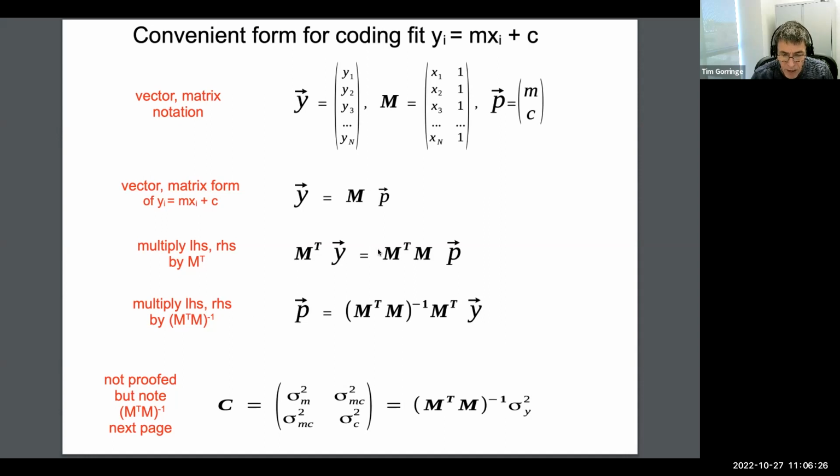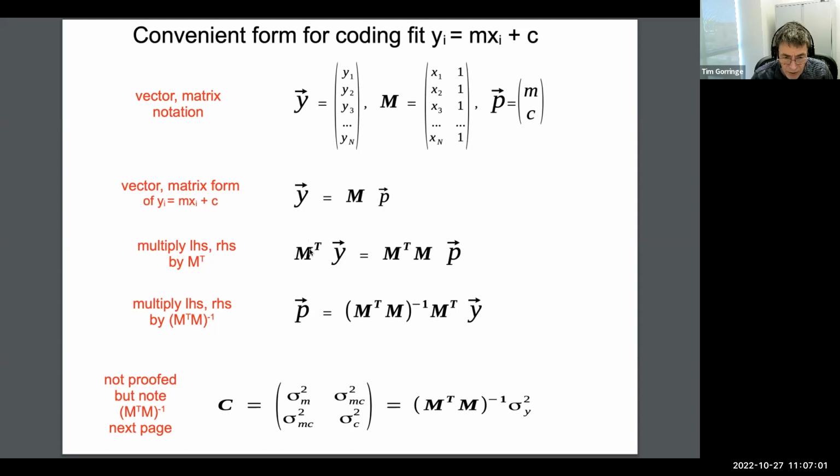I've got now the product of the inverse of the product of the transpose and the matrix with the product of the transpose and the matrix itself. And so this is going to give me the unit matrix, and this just cancels out on the right-hand side. So it's just going to give me the vector that contains the fit parameters, the slope and the intercept.